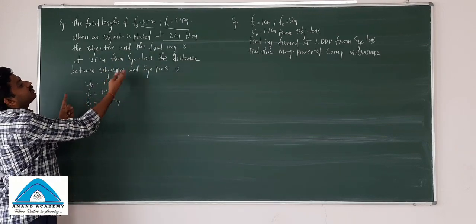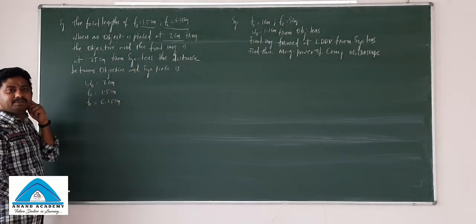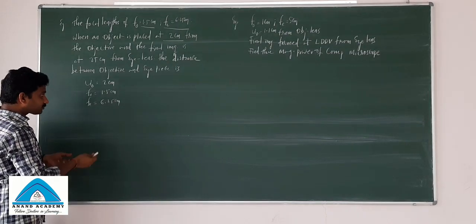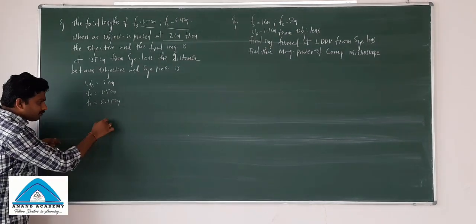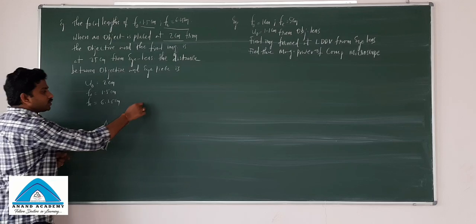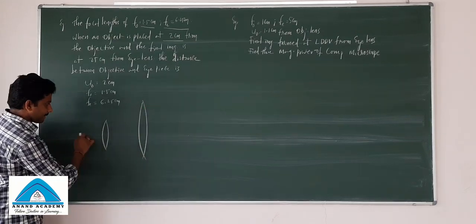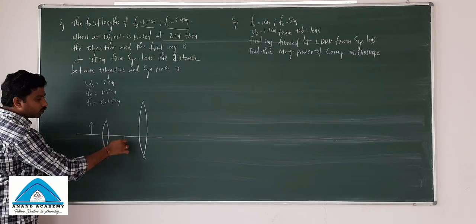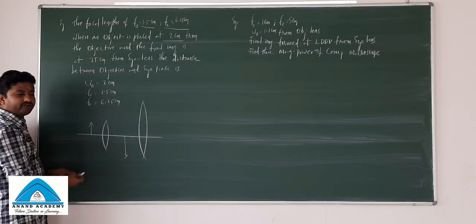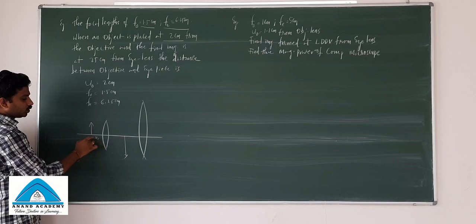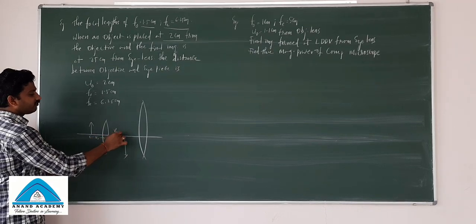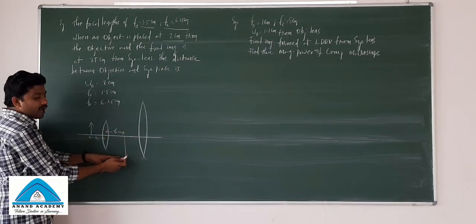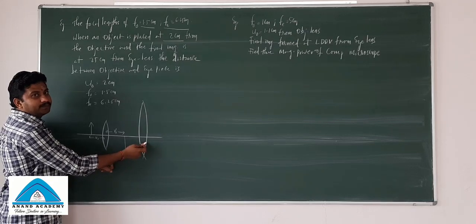Find the distance between the objective and eyepiece. Let me draw a rough diagram for your better understanding. An object is here, and its real image will be formed here. So this is U0 and this is V0, and this image will behave as an object for this.